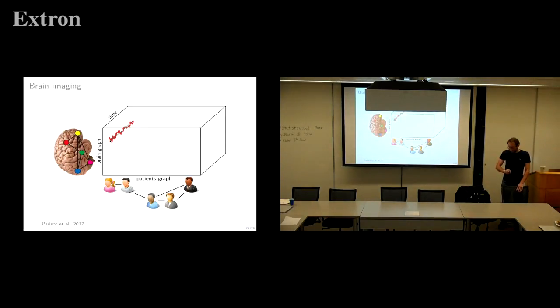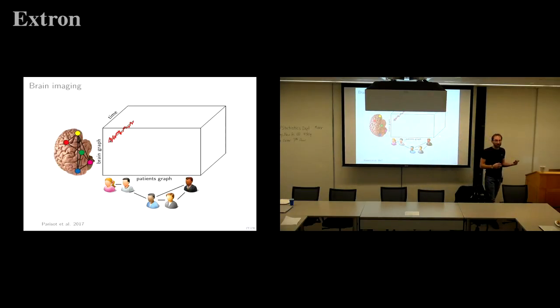Okay, so the last application I would like to mention is in brain imaging. Here it's actually an example of a multigraph problem. So this is functional MRI. Basically, you observe how different regions in the brain react to certain stimulus. Okay, so the brain, well, we have different brains, but you can still align them to some kind of an atlas. So you can talk about regions in the brain and represent them as a graph or some spatial structure.